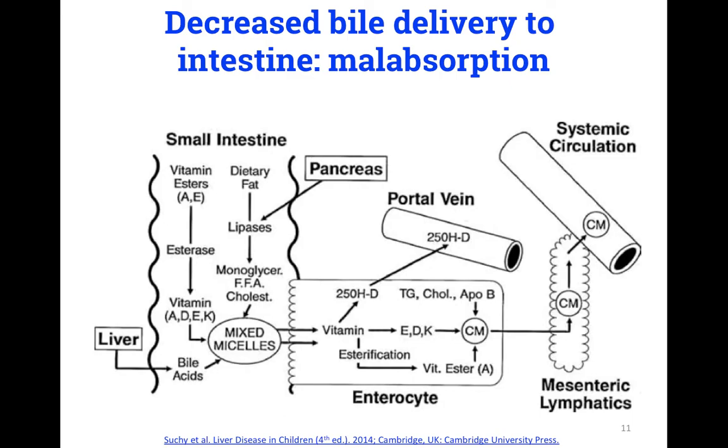quantities, and also failure to thrive because fat is very calorically dense, and also because fat makes up a very large component of the diet of infants and young children.